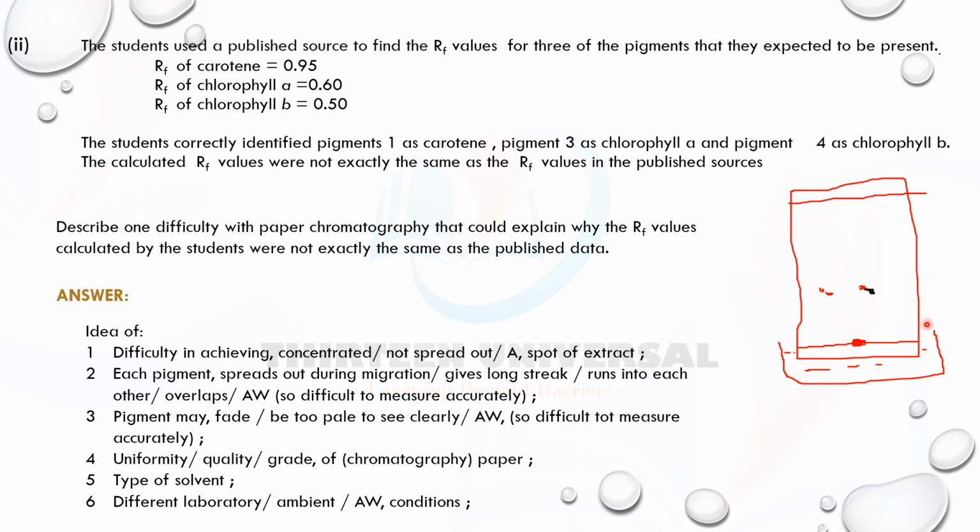This is the distance moved by the solvent, this is the distance moved by each of the pigments. Please don't forget. It's difficult to measure from here to here because they overlap each other. Distance moved by each of them, all over the distance moved by the solvent from here to there.